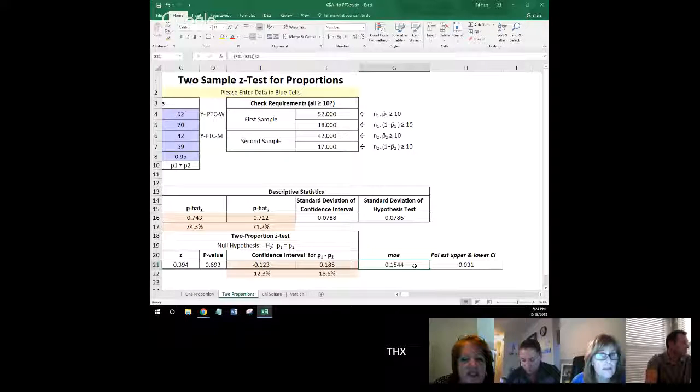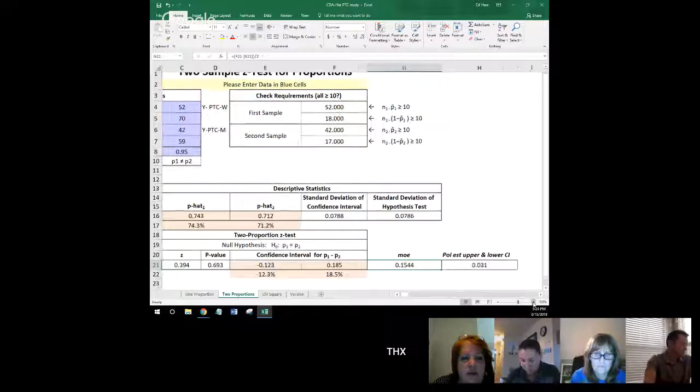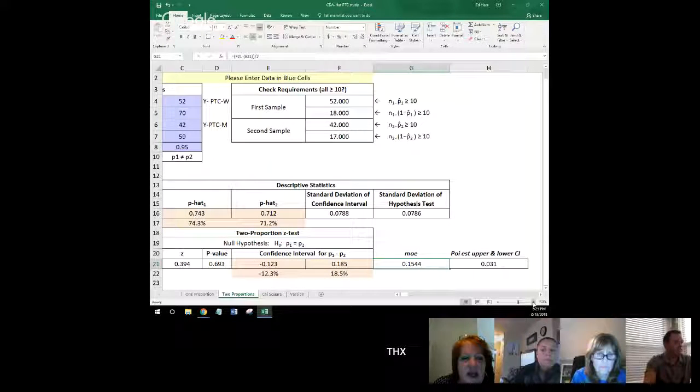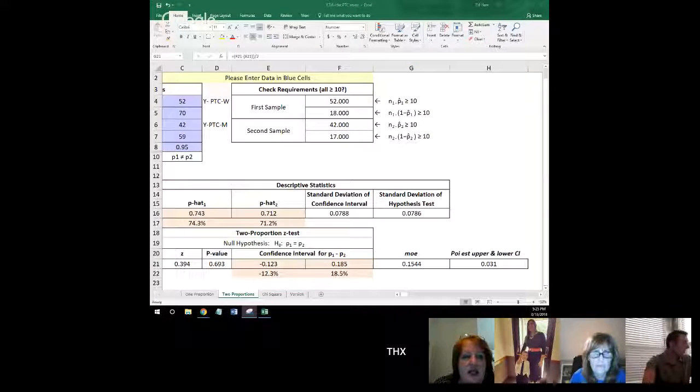In G20, I put the title margin of error. Then in G21, I did the formula, which is equal sum, parentheses, F21 minus E21, close parentheses, divided by 2. If you need me to repeat that again, I can.